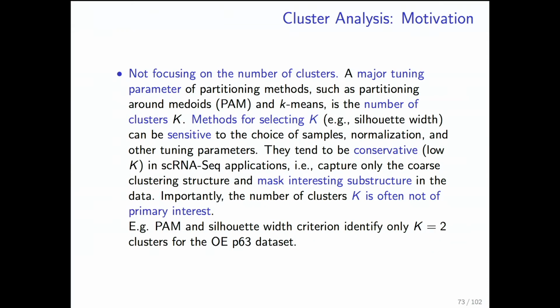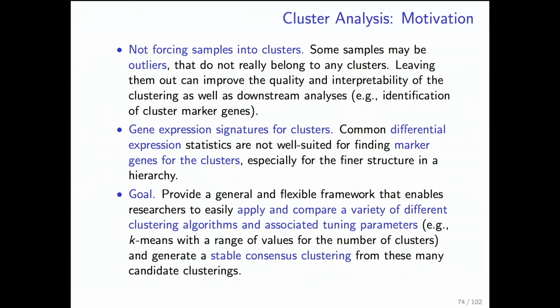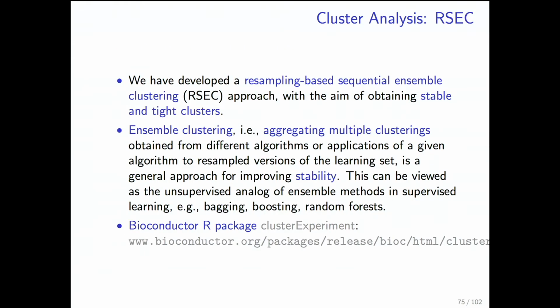We wanted to avoid focusing on the number of clusters, just because very often the number of clusters is not of primary interest to the biologist, and also because methods for selecting the number of clusters can be very sensitive to the choice of preprocessing method or to cells or other tuning parameters. So the approach we've taken is to use resampling-based sequential ensemble clustering.